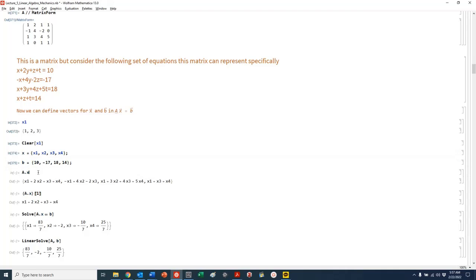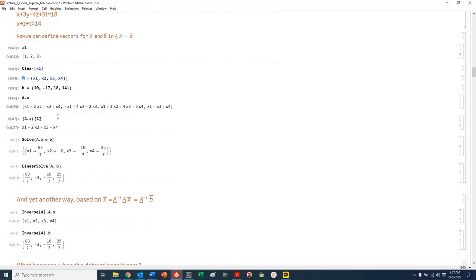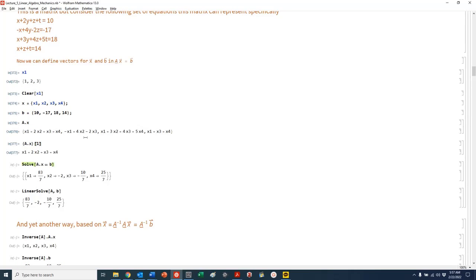So I've got x1, I've got b, so I could do A dot x. And if I pull it out, again, this looks like my equation above. I could have solved this in x, y, and z, but I have this x here, and I want to make sure that we're okay. So I can solve this equation directly. If I do A dot x equals b, it solves for my unknowns.